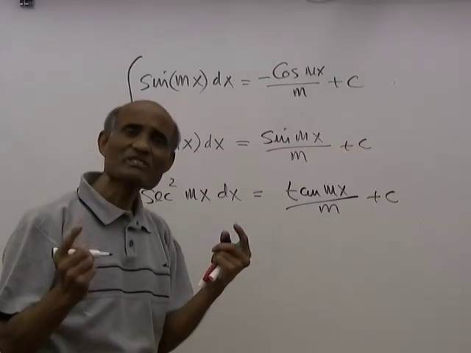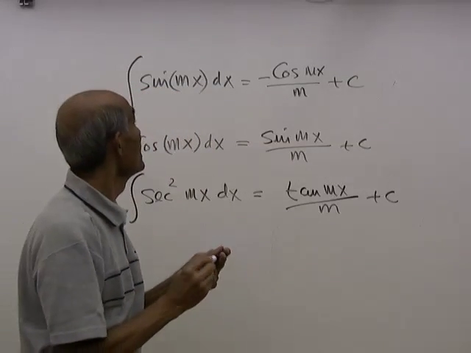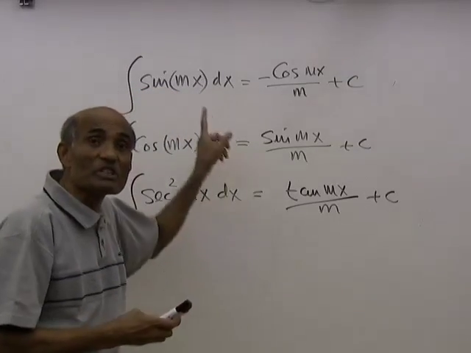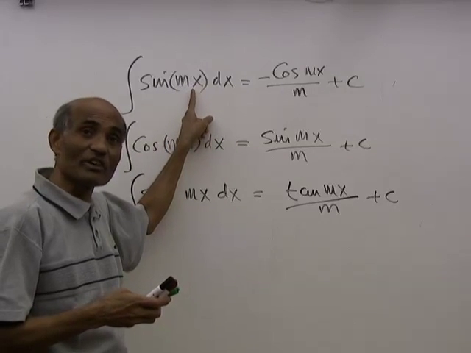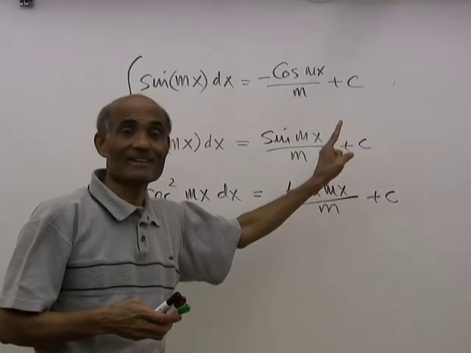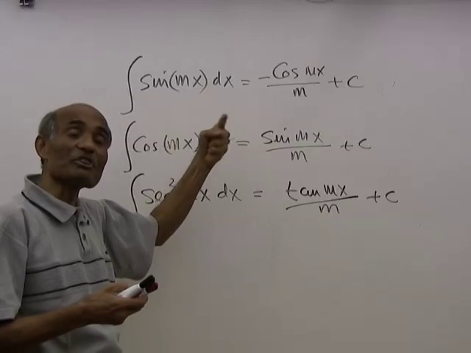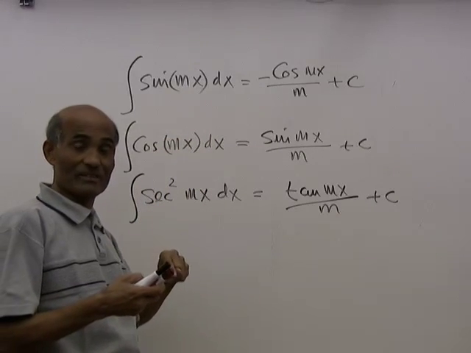So, it is very easy to confuse for beginners. Remember, when you find the derivative of a function like this, the coefficient of x will get multiplied. But when you find the integral, the coefficient will get divided.